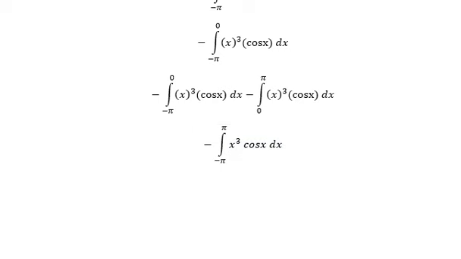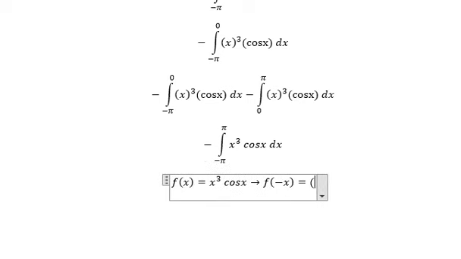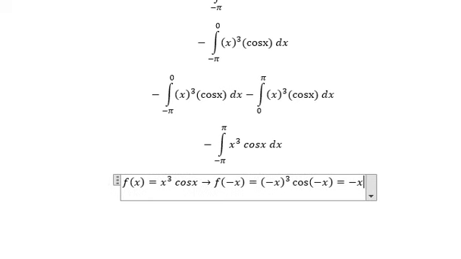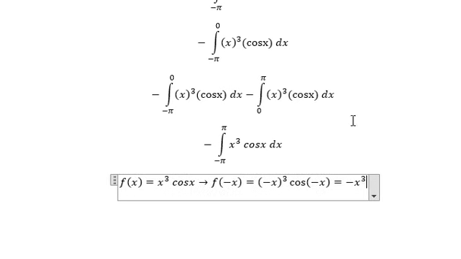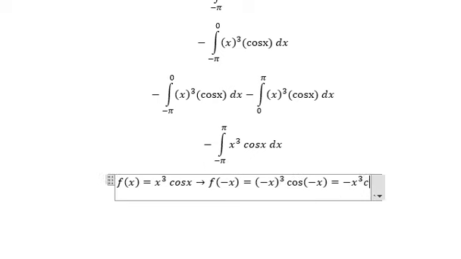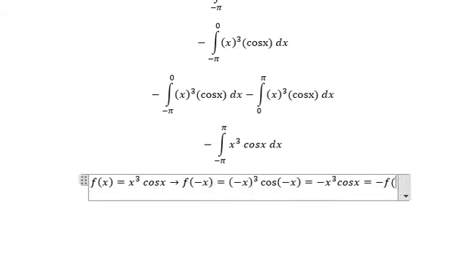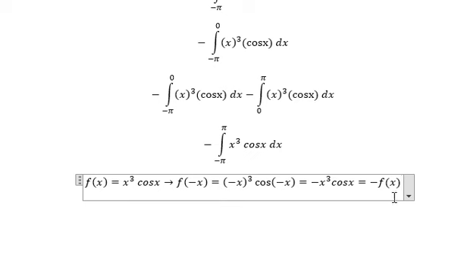Now we need to consider this function in here, s to the power of 3 cosine s. If we put f of negative s, you get negative s to the power of 3 cosine of negative s, and cosine of negative s is cosine s, and this one you get negative f of s.